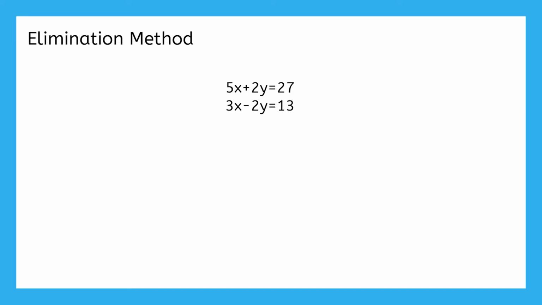So since we know this system is ready to use elimination, we get to use a little mathematical fact to our advantage. Remember how both sides of an equation must be equal to each other? Even if we don't know what each variable represents, we do know that this left side equals this right side. And we also know that this left side equals this right side.